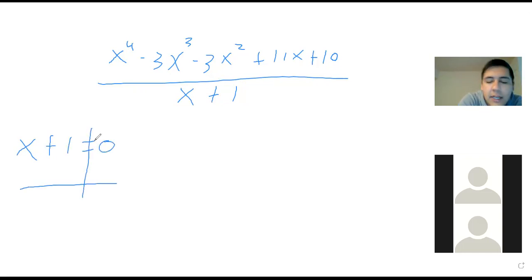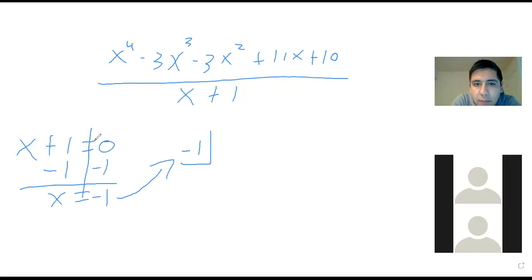So if we solve for x, what do we have to do there? Move the 1. So we're going to subtract 1 on both sides, okay? So x is going to be equal to -1. So we're going to put that over here in the little box, our -1. That's going to act as our divisor, right?